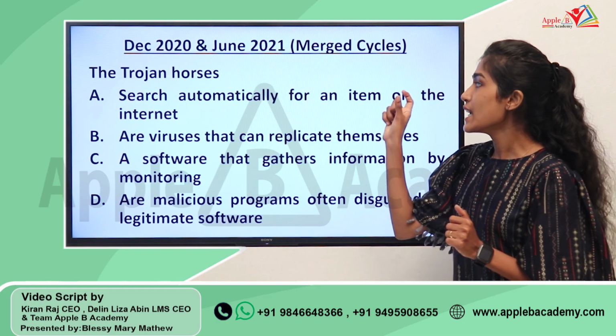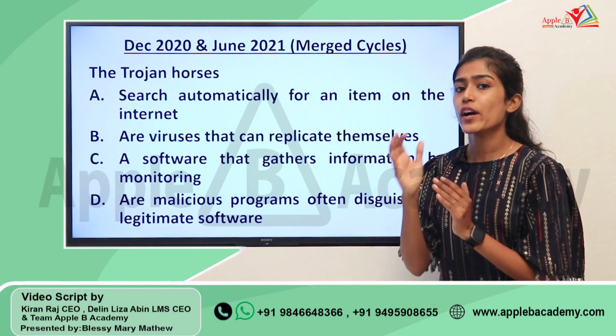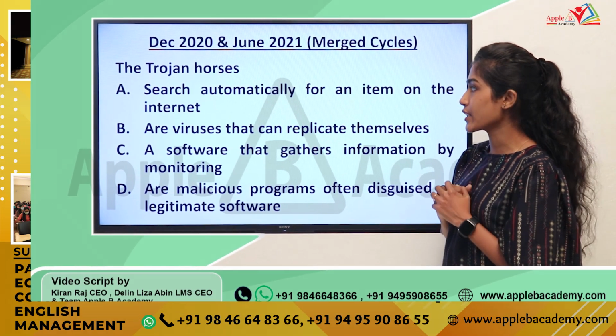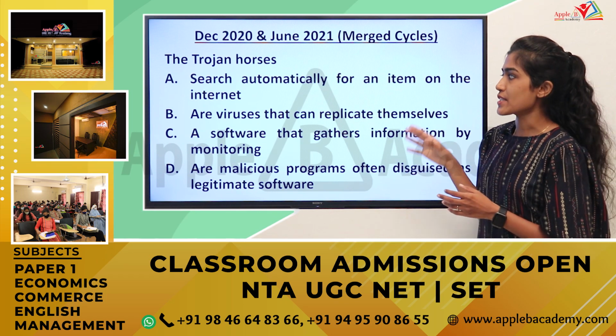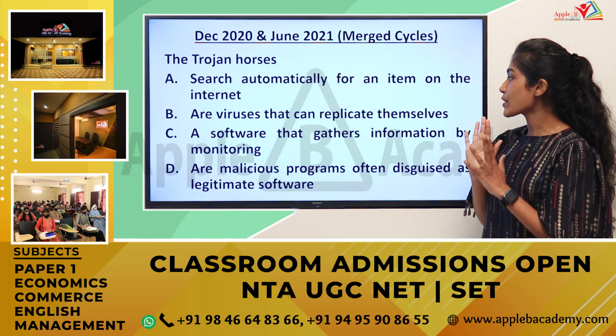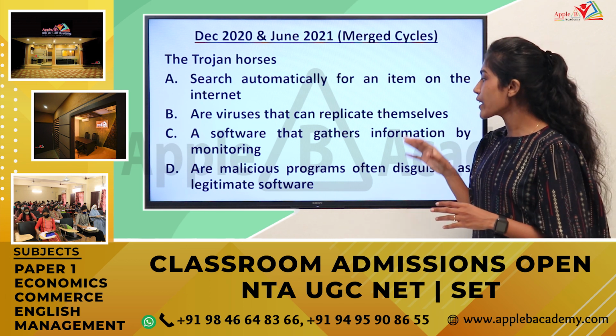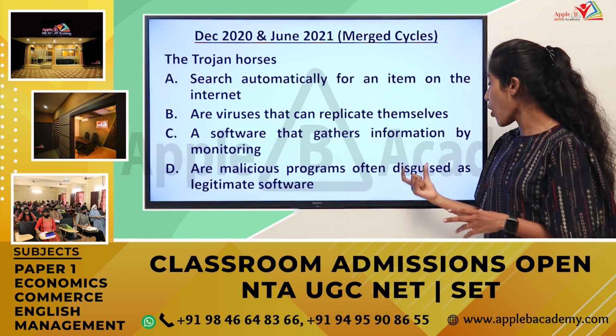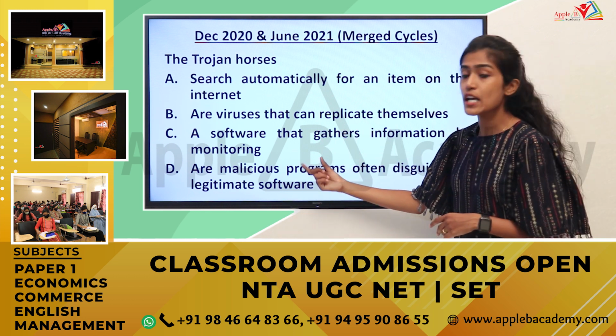Back to the question, the Trojan horses. From what we have learned so far, we have to identify the right option that we can associate with the question. So consider the options: search automatically for an item on the internet; are viruses that can replicate themselves; a software that gathers information by monitoring; are malicious programs often disguised as legitimate software.